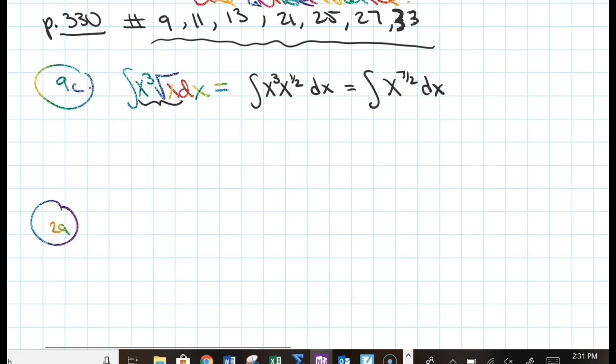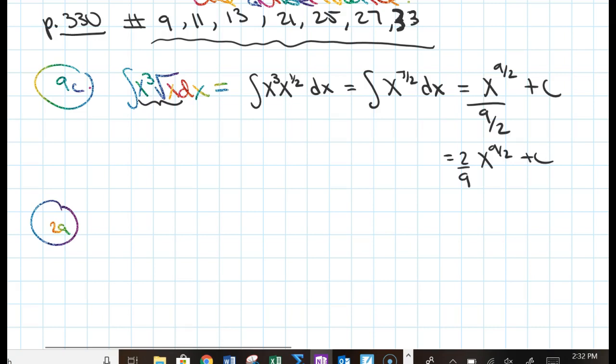And now I can apply the power rule in reverse. Add 1 to the exponent and then divide by that number. x to the 9/2, all divided by 9/2, plus C. Cleaning this up, I get 2/9 x to the 9/2 plus C.